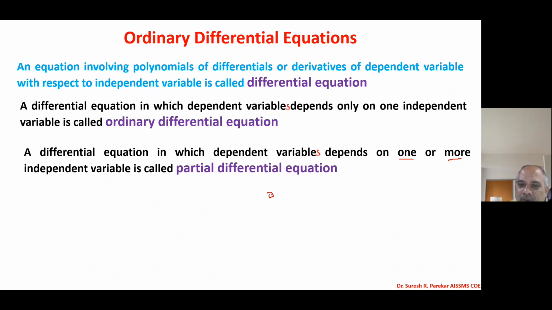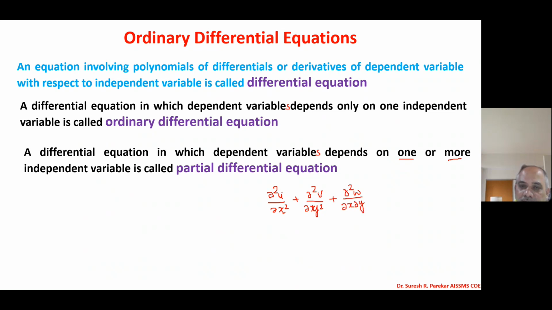So we have del square u by del x square, so u depends on x, plus del square v upon del y square, so v depends on y. We can have del square w divided by del x del y.